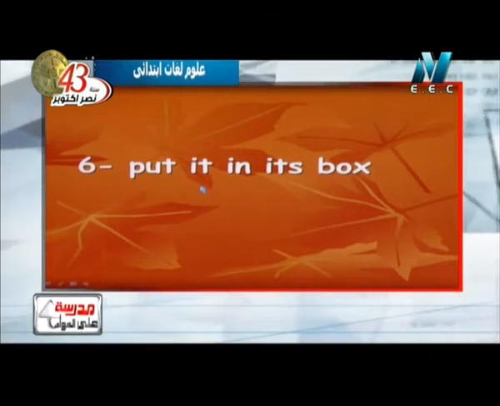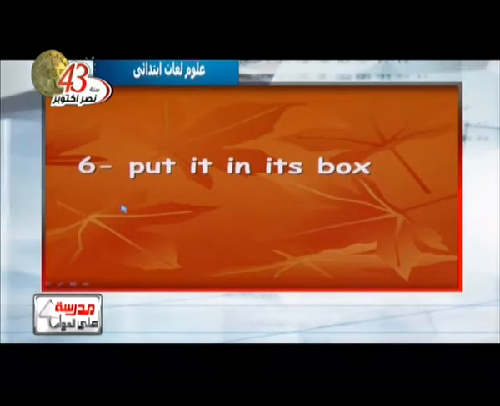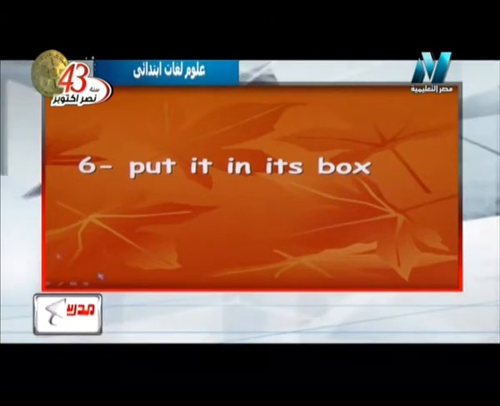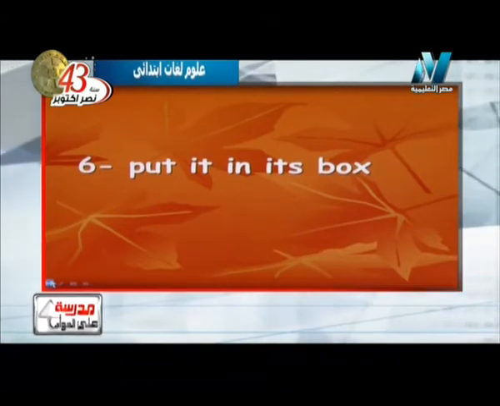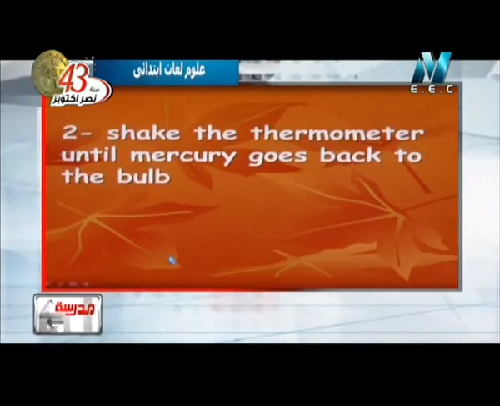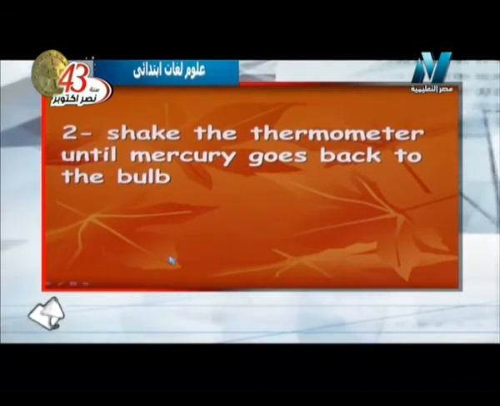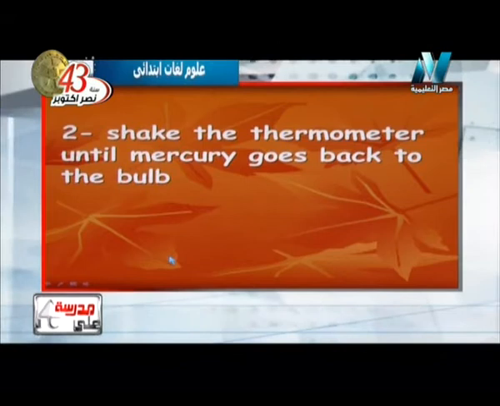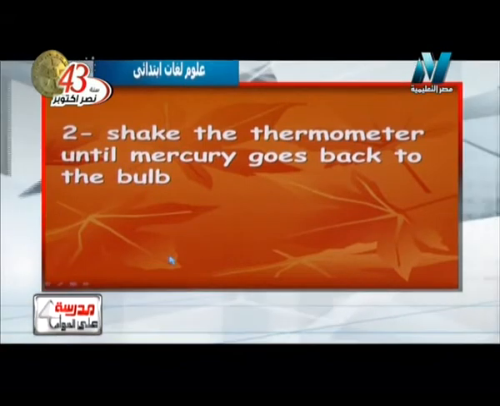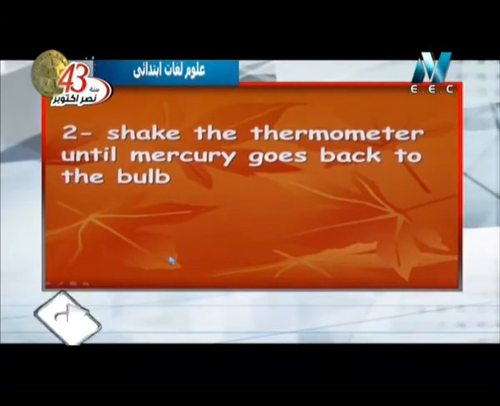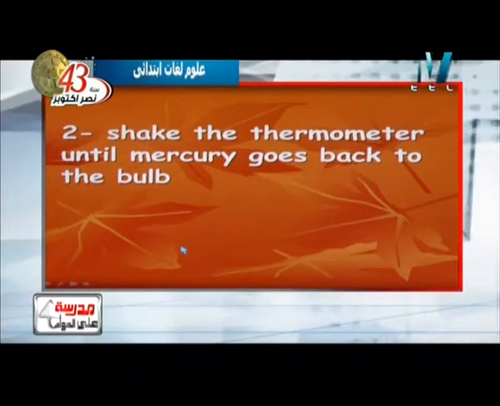First step, as I said, sterilize by ethyl alcohol and dry by tissue paper. Second step, let us see them now. Second step, shake the thermometer until mercury goes back, and I must make sure that the mercury goes back to the bulb. يعني هنهز الترمومتر وهنبص كل مرة على الميركوري عشان نتأكد كويس قوي to make sure the mercury goes back to the bulb.